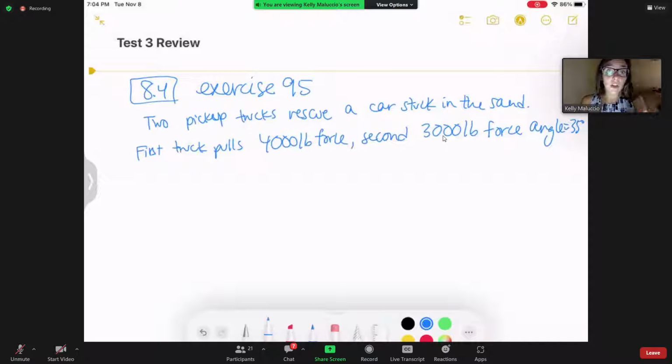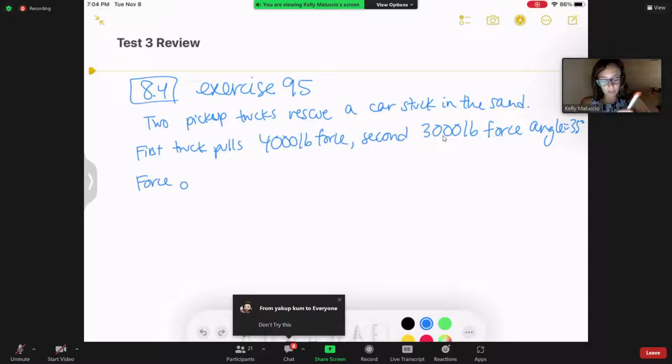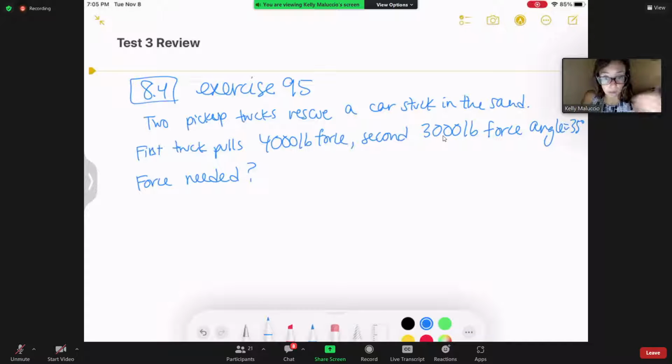Now we want to know the force needed. Jakob said in the chat, don't try this at home. You could try this exercise as a math problem, but definitely don't try this in real life.